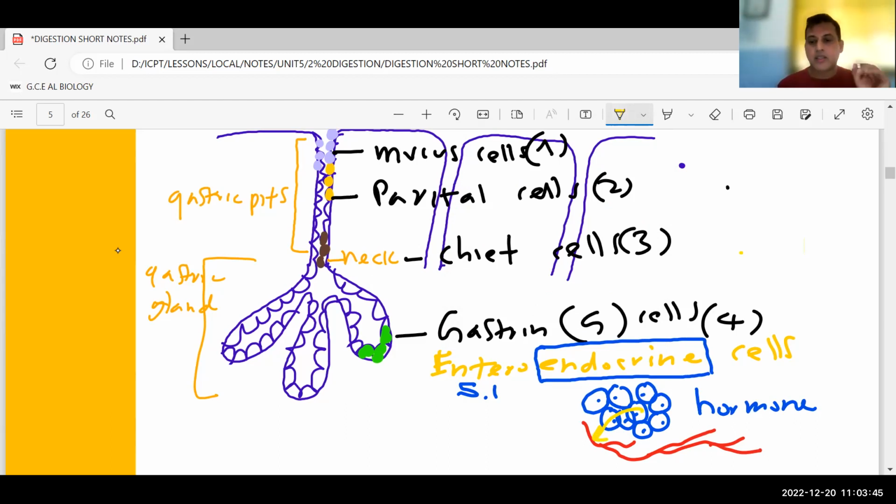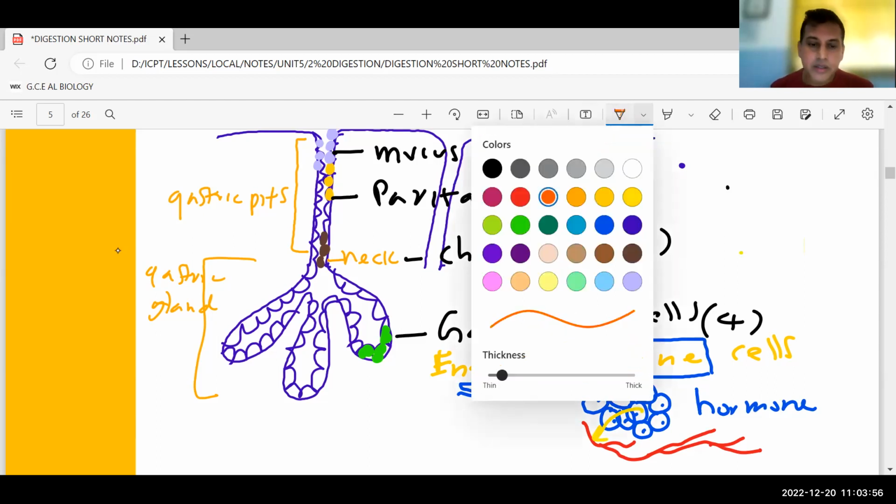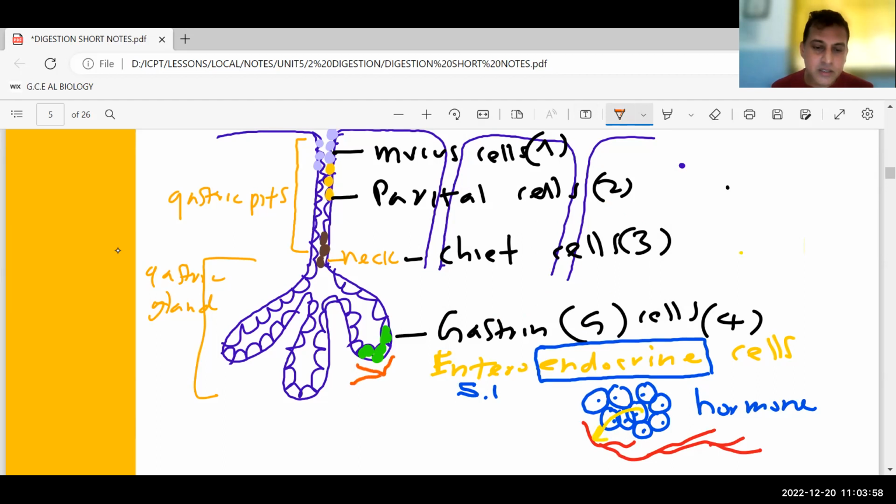From the blood, these hormones travel to other parts of the body and have some kind of effect. So this area is rich in blood vessels and they can take this hormone to different places. It is not going to the alimentary canal. It is nothing to do with the alimentary canal. It goes to the blood. So hormones produced by the G cells go into the blood.